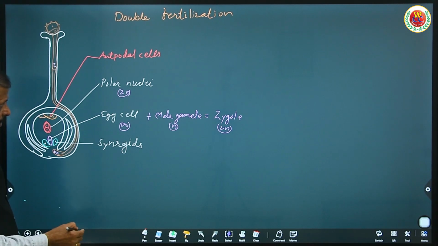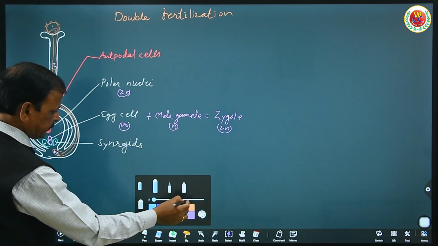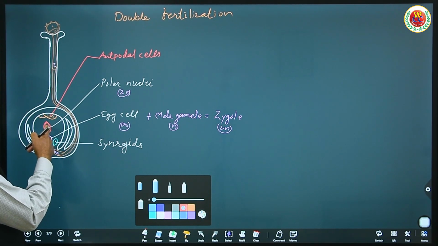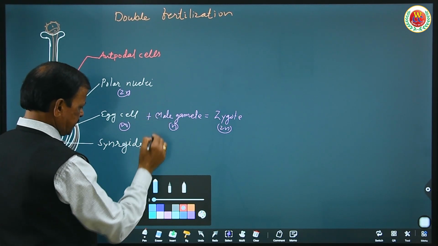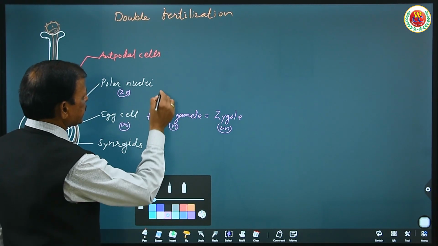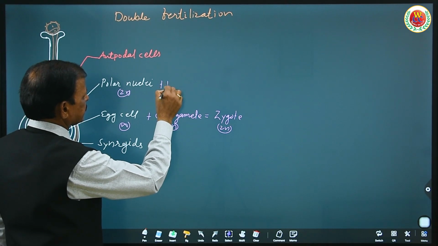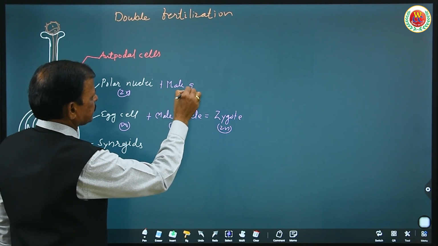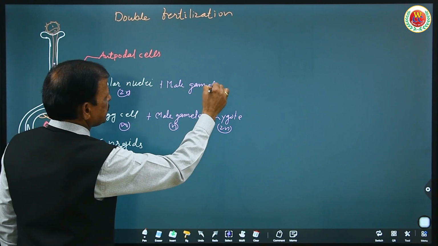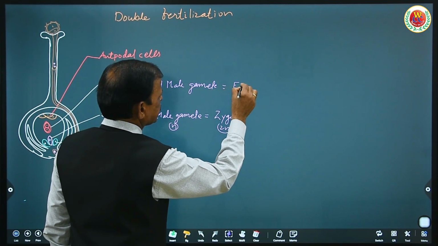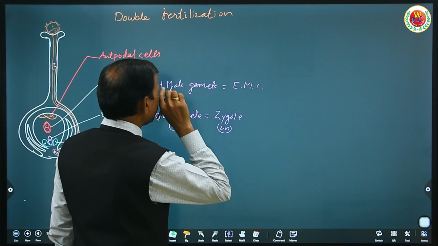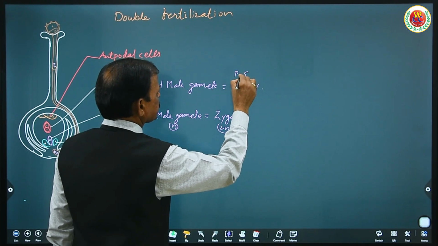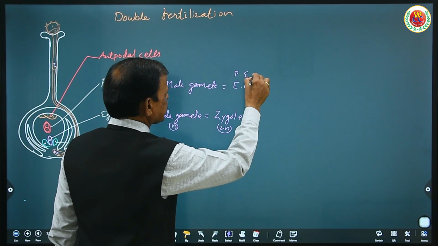Fusion of polar nuclei with second male gamete leads to produce endosperm mother cell, also known as primary endosperm cell nucleus.